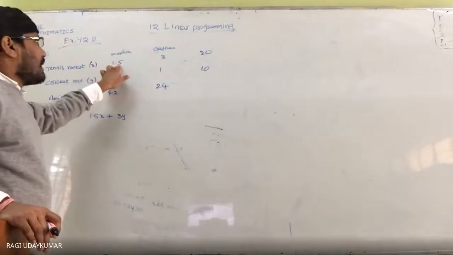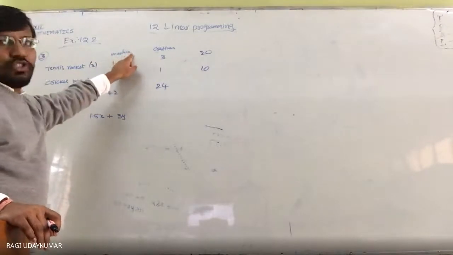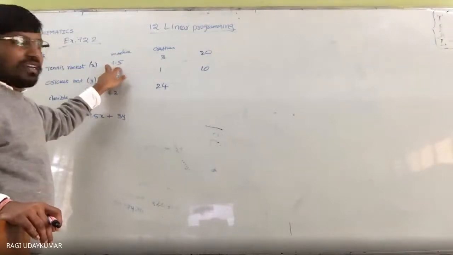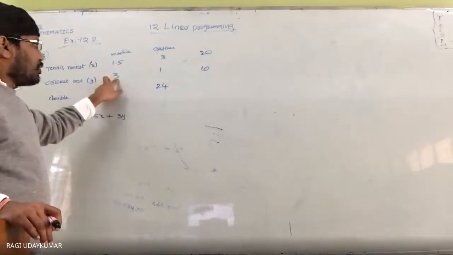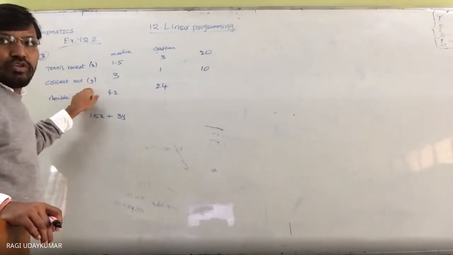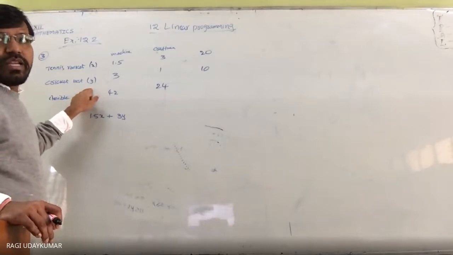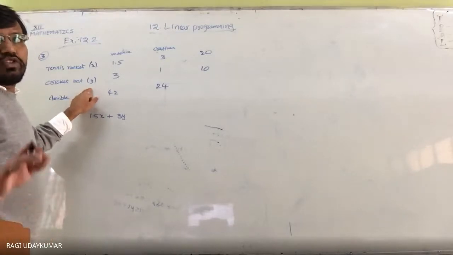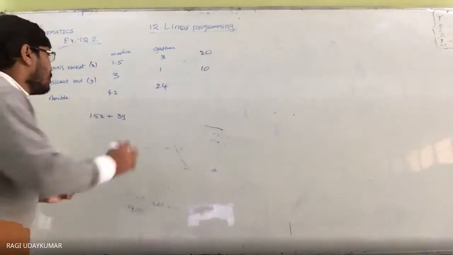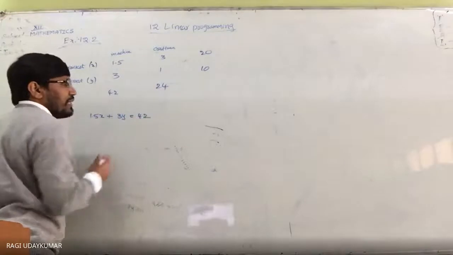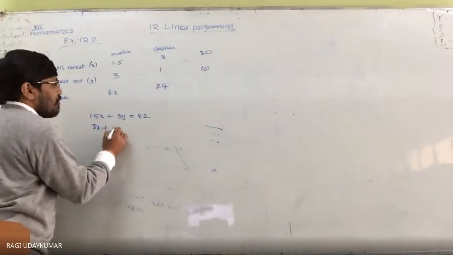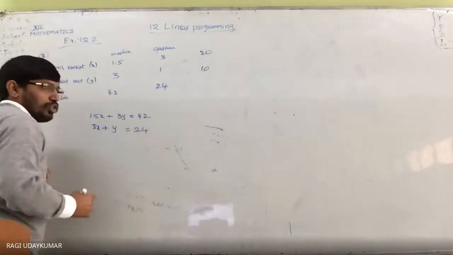For one racket, the machine should work 1.5 hours, and for a cricket bat, the machine should work 3 hours. To work at full capacity, it should equal 42. And here 3x plus y equals 24 should be taken.